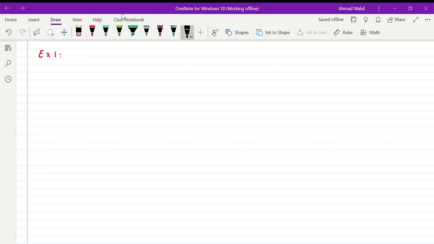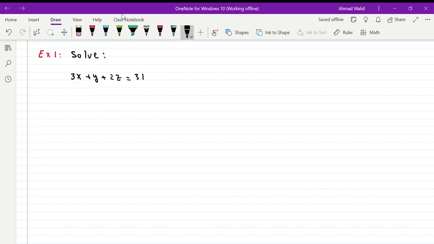Example number 1. But remember, your system is linear. Solve using matrix, correct? 3x plus y plus 2z equals 31.